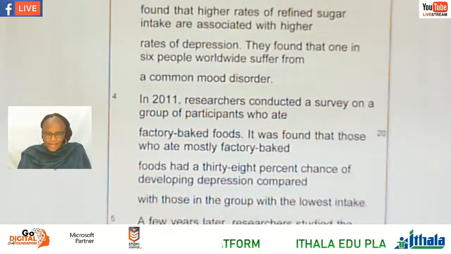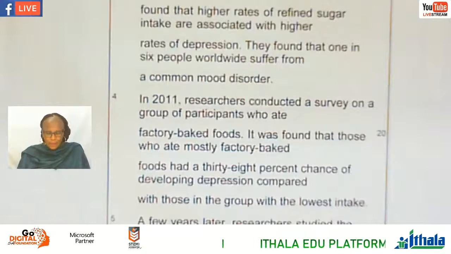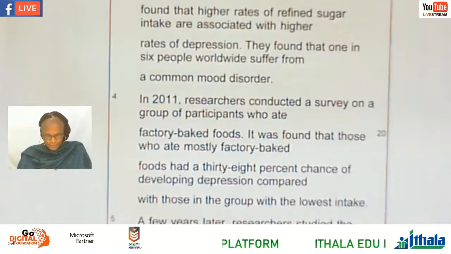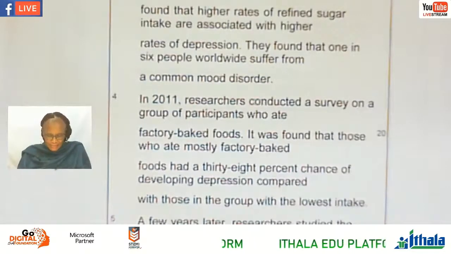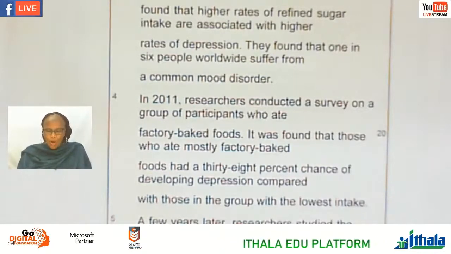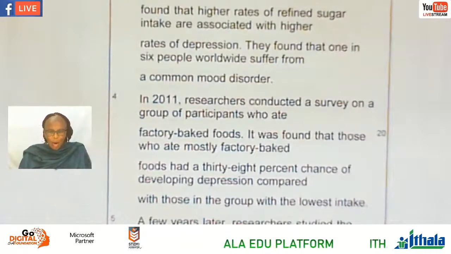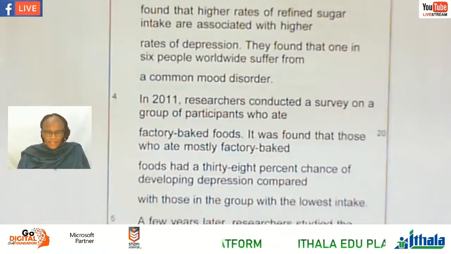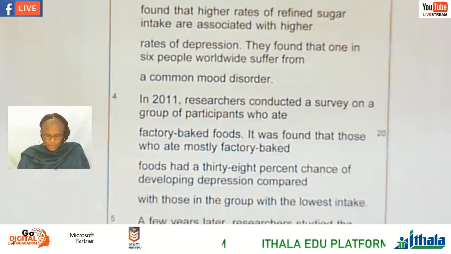They found that 1 in 6 people worldwide suffer from a common mood disorder. In 2011, researchers conducted a survey on a group of participants who ate factory-baked foods.